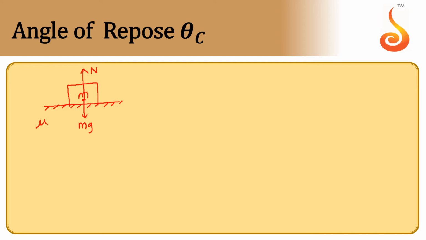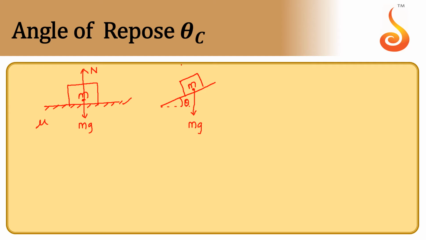And here normal force is well balanced with its own weight. But now just imagine if this surface starts making an angle of inclination, if it is lifted up to an angle theta. So what happens? This is the mass m. Its own weight always acts downward because acceleration due to gravity always acts towards the center of the earth.